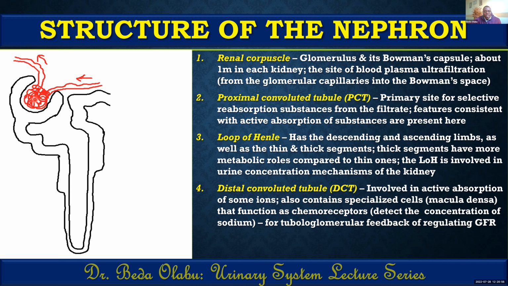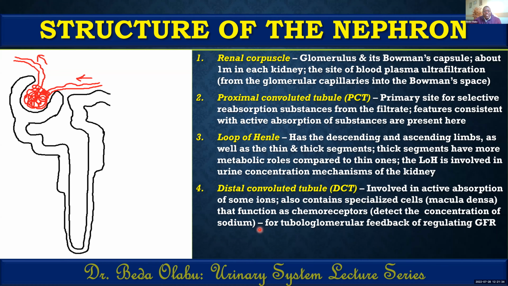So this information that relies on the concentration of sodium within the renal tubules to control the blood flow to the kidney is basically what we call the tubuloglomerular feedback mechanism. It's a feedback mechanism that helps to regulate the renal blood flow as well as glomerular filtration rate. We will talk about it again shortly in a deeper way. Well, not shortly, but in the next topic, we'll talk about it.